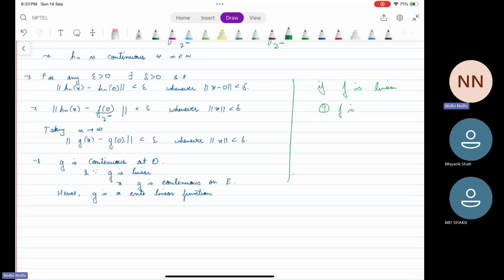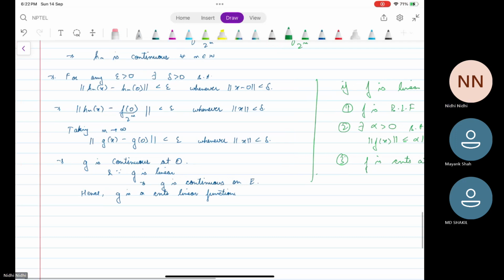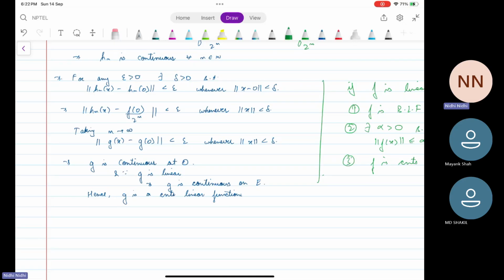Firstly, f is a bounded linear function. Secondly, there exists some positive alpha such that norm of f(x) is less than or equal to alpha times norm x. Then, f is continuous at 0. These are called characterizations of bounded linear functions.